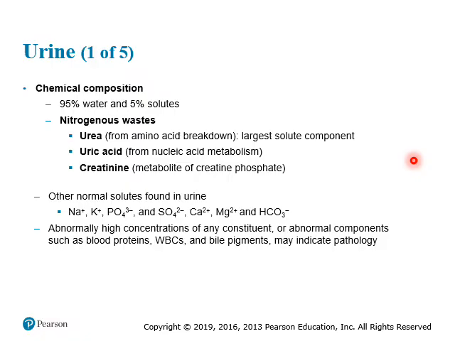Other normal solutes found in the urine are sodium, potassium, phosphates, sulfates, calcium, magnesium, and the bicarbonates. Abnormally high concentrations of any constituents, or abnormal components such as blood proteins, white blood cells, and bile pigments, which should not be in the urine, would indicate pathology.